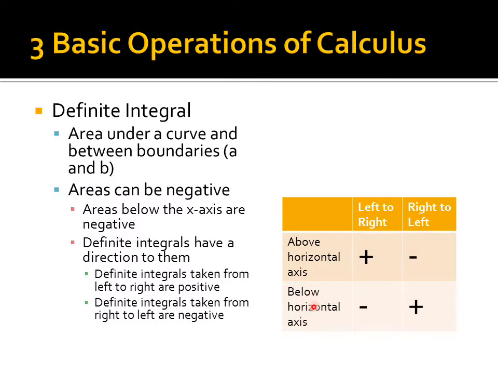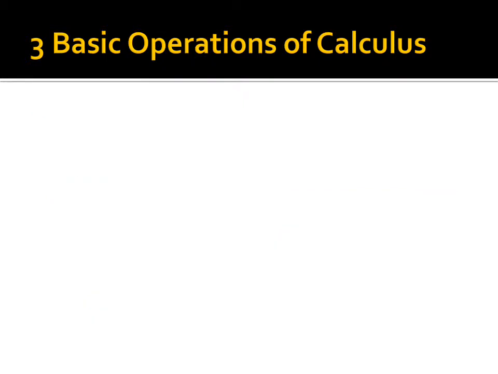If your area is below the horizontal axis and you're integrating from left to right, then your area is negative. And if you're integrating from right to left and your curve is below the horizontal axis, then that will give you a positive area. I'll show you what this means in two examples, or really two variations on one example.